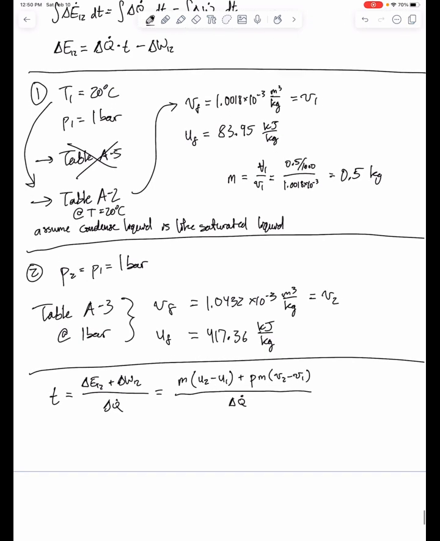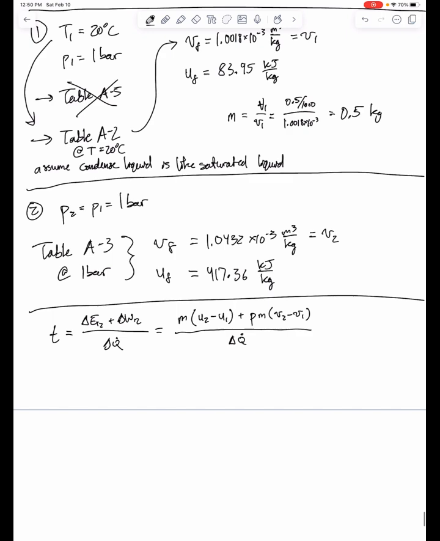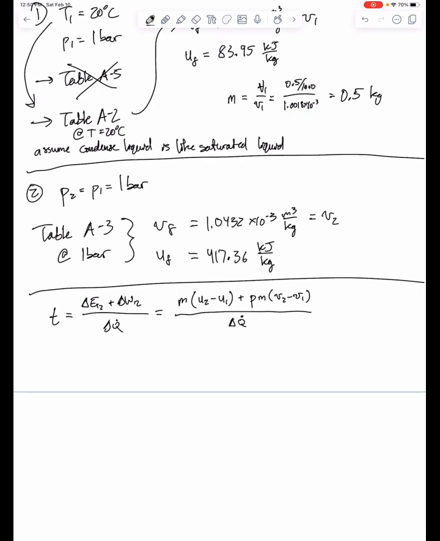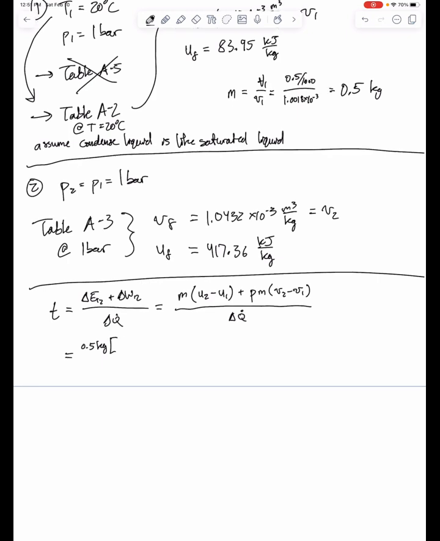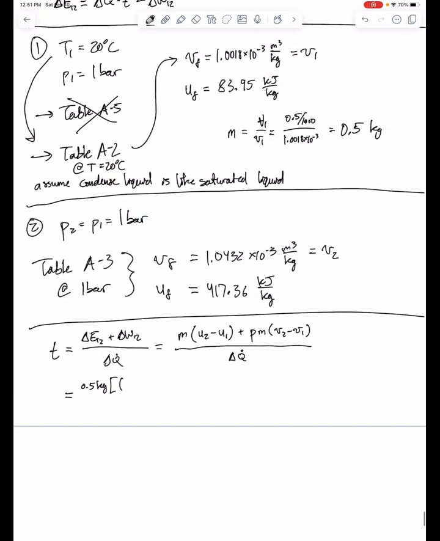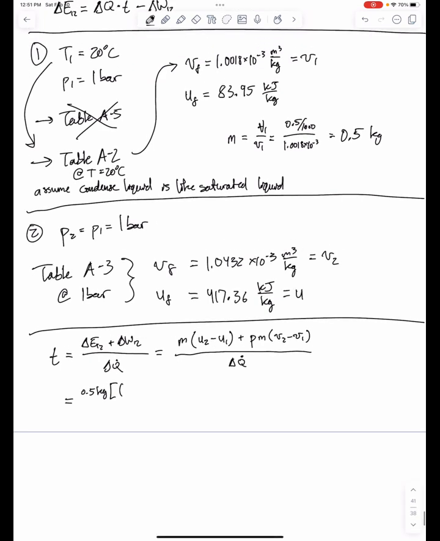Okay, and then now I have everything. Let me plug into my solution and get an answer. I'm going to factor out the mass because it's easier for me to deal with for now. Differences in the U values. So I probably should label everything then.